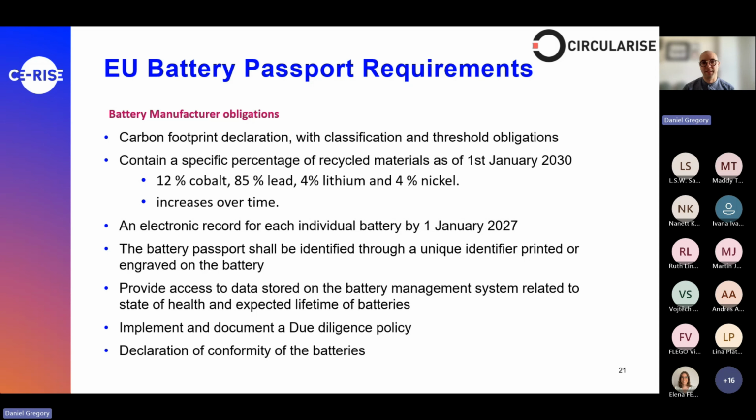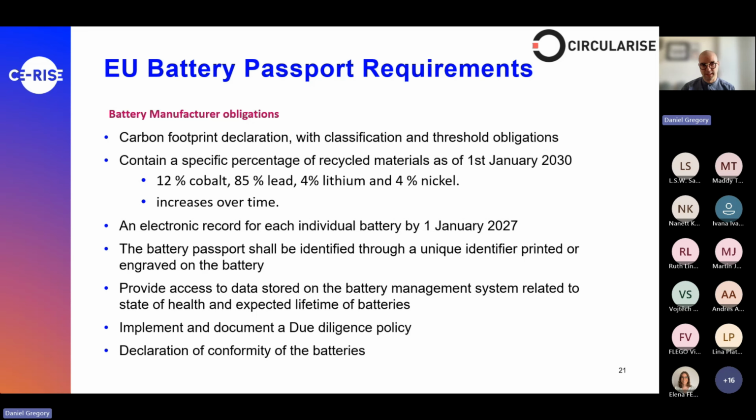And then they need to show that exists. You need to have a document on due diligence. So being able to prove that you did the work properly in terms of how you organized and created all of this data, that itself can then be stored on the digital product passport as well. And different declarations of conformity.